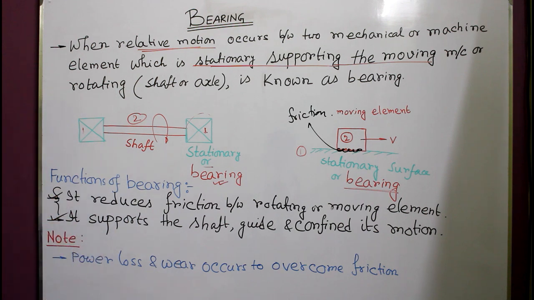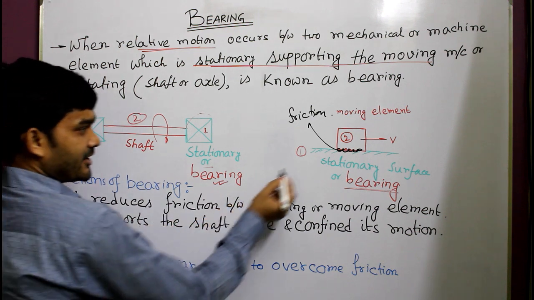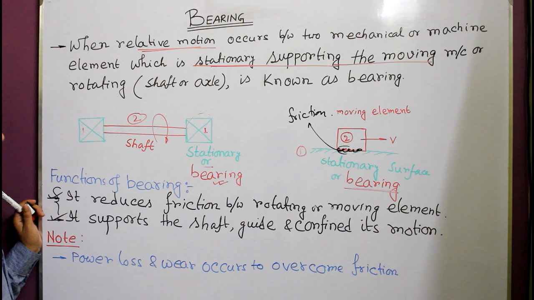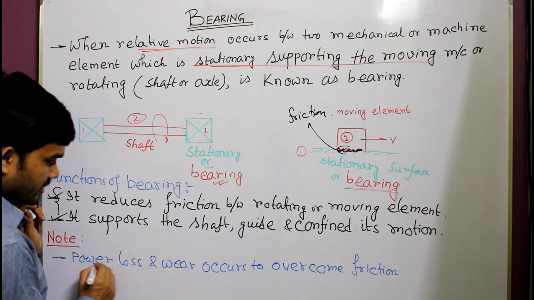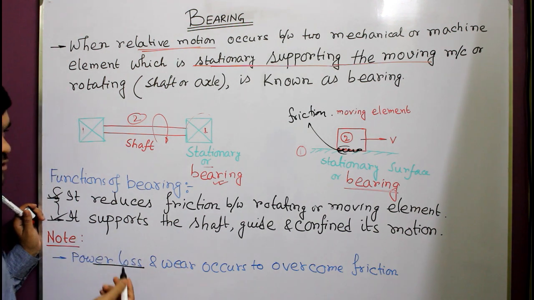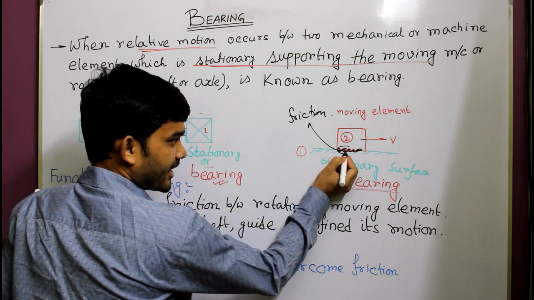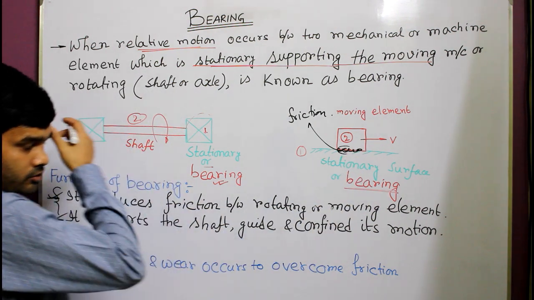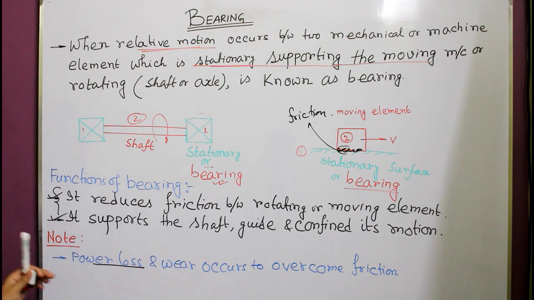As we have already discussed, when there is relative motion between two elements there is friction, and overcoming this friction definitely causes power loss. Also, due to the rubbing action there is wear.